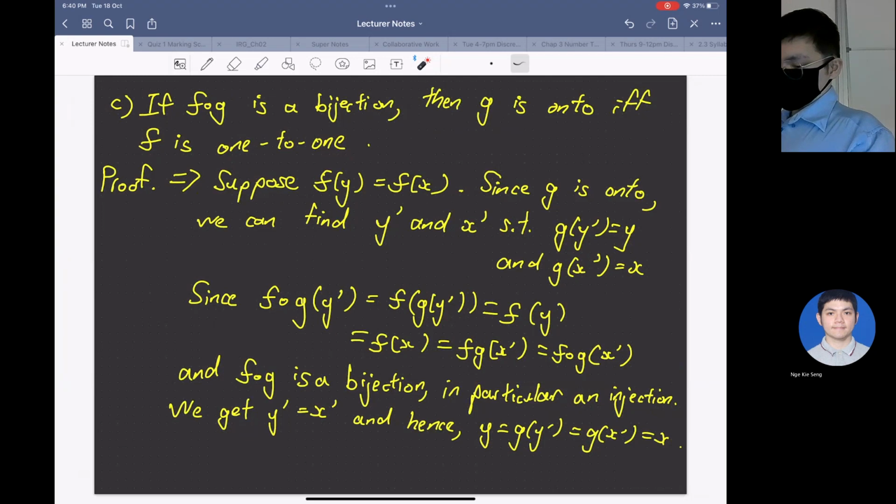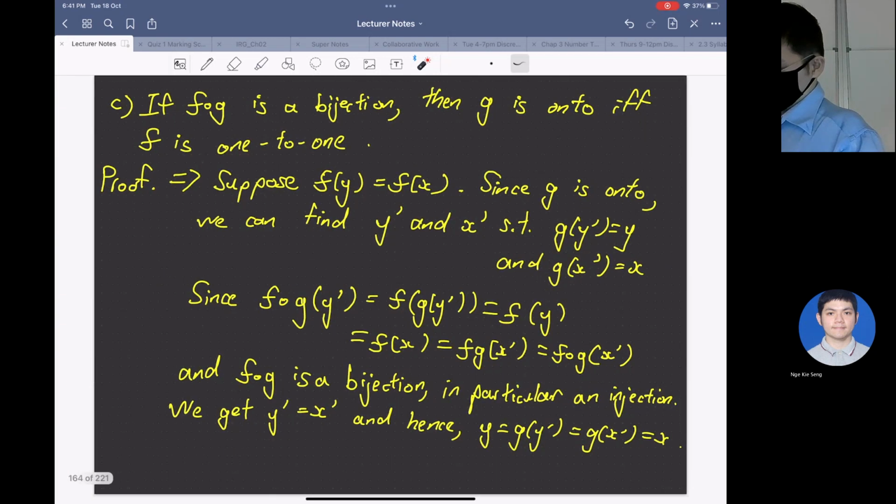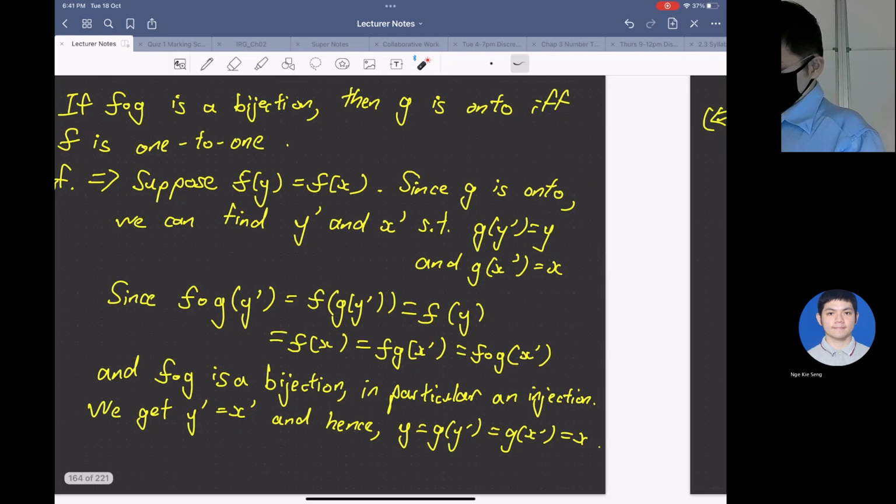So assume that f compose g is a bijection, and then g is onto if and only if f is 1 to 1. So two directions need to be shown. I need to show g is onto implies f is 1 to 1, and then f is 1 to 1 implies g is onto. So I put the two solutions here.